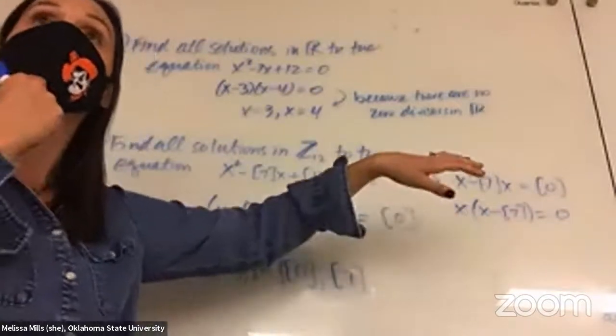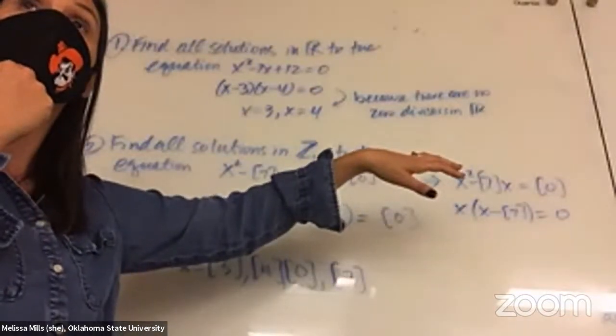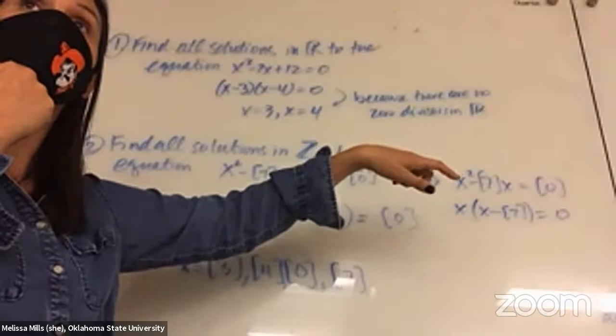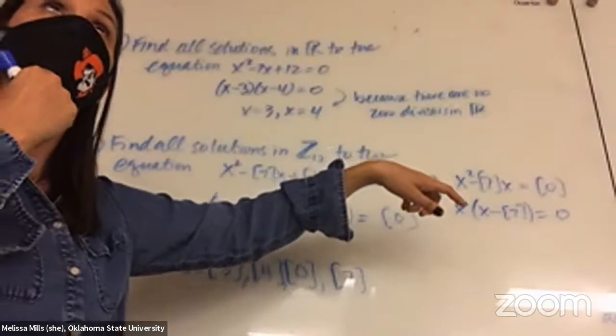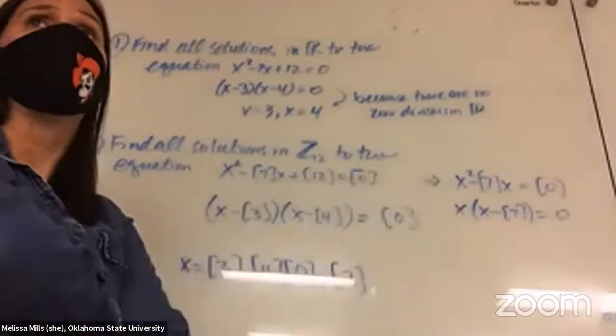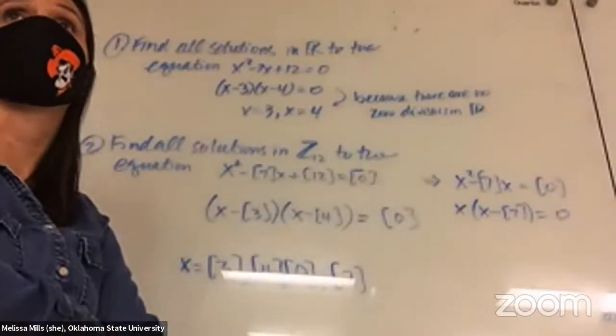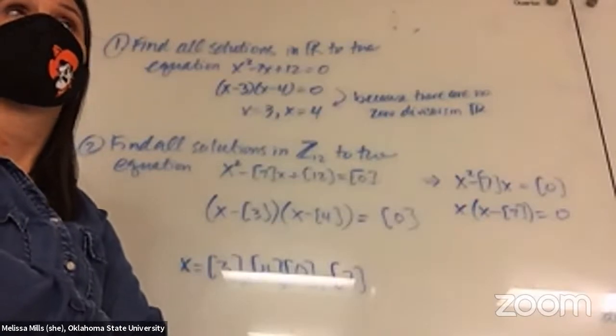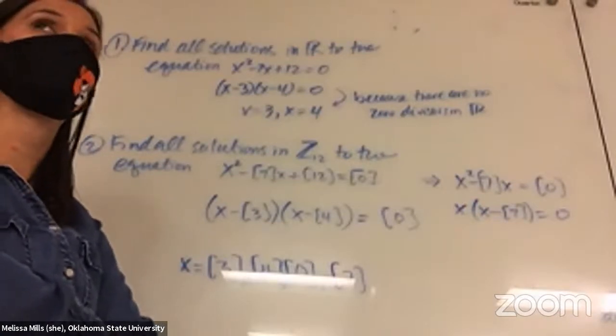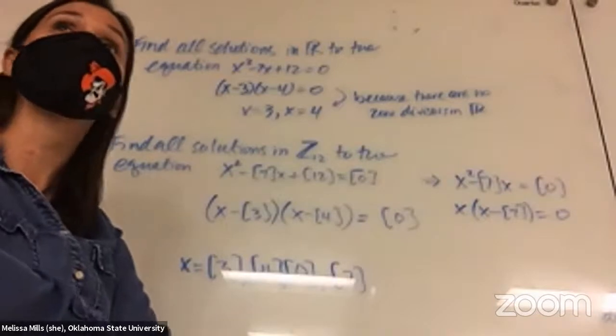Thanks. If you can prove there's only so many factorizations of a polynomial, does that mean that's how many solutions you have? That's a really good question. I don't know the answer to that. Can we use the quadratic formula in mod 12? I would not use the quadratic formula in mod 12 because we have zero divisors.